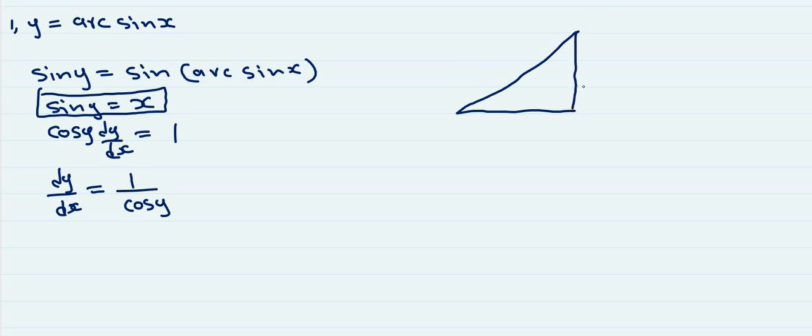Well, sin y equals x, which means x over 1. We draw the triangle with angle y. Sin is opposite over hypotenuse, which is x over 1. Then the adjacent side is the square root of 1 minus x squared.